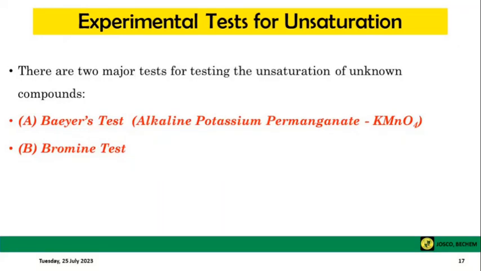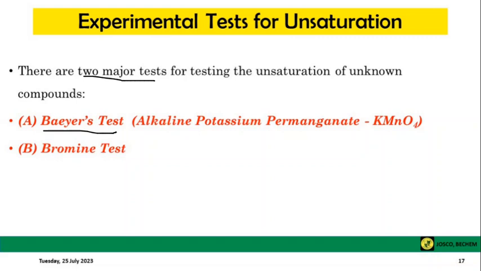Now let us look at the various tests which we can use to identify unsaturated hydrocarbons. There are two major tests that are being used. The first one is Bayer's test.